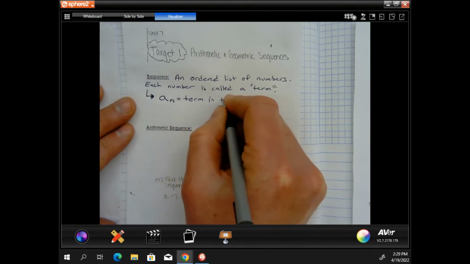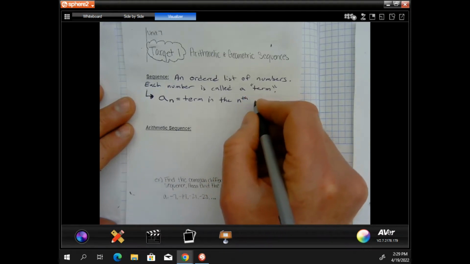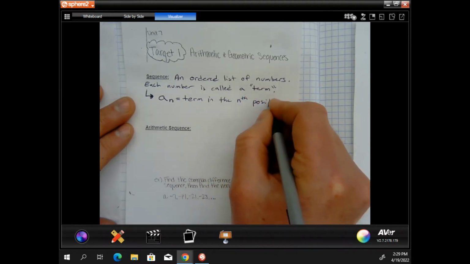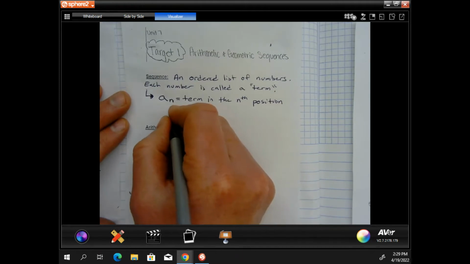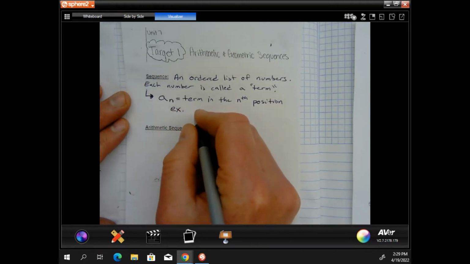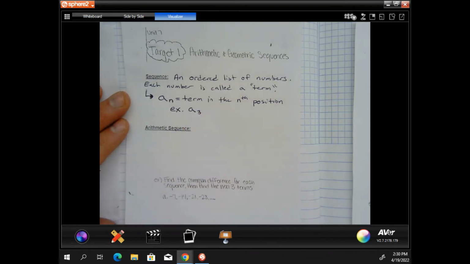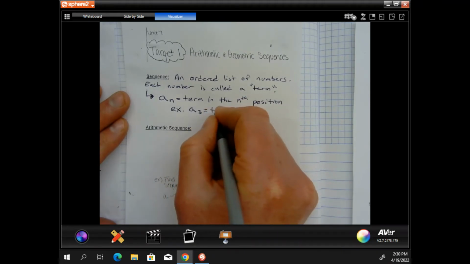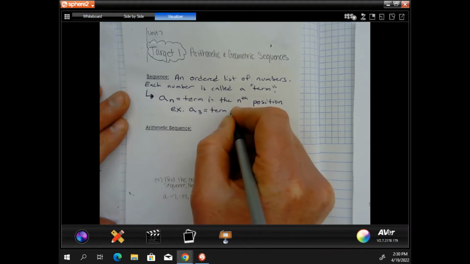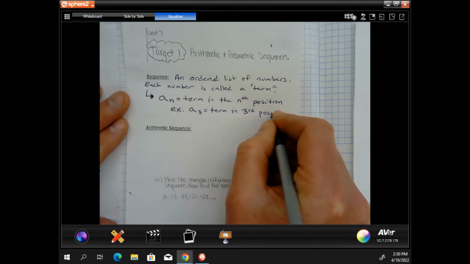Term in the nth position. Those will both represent numbers here soon. So an example might look like this. If we had A to the third term, that's equal to the term in third position.